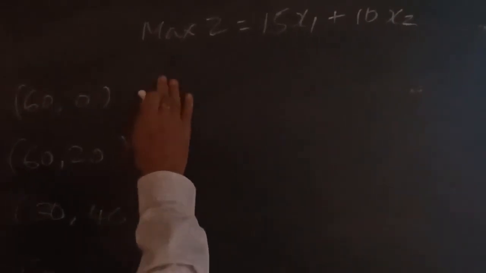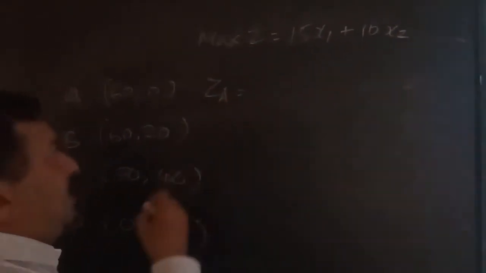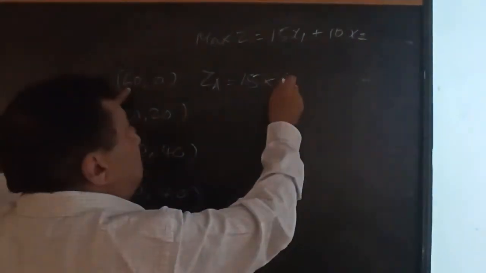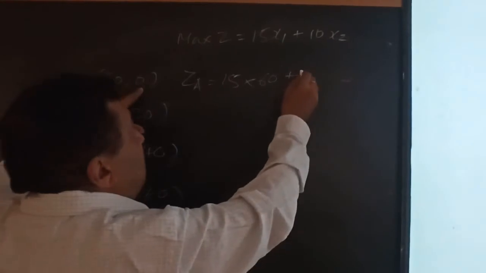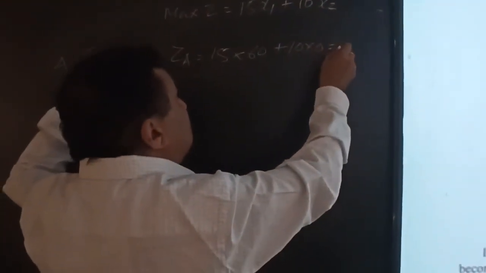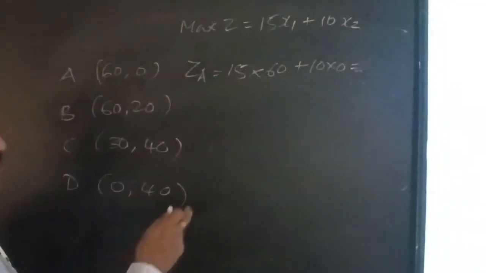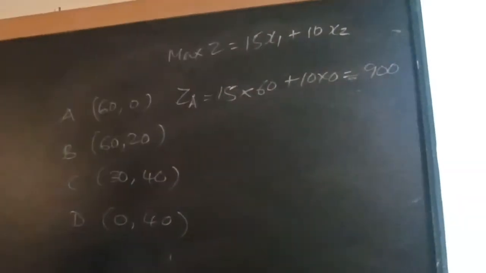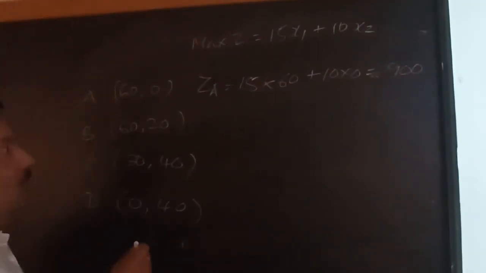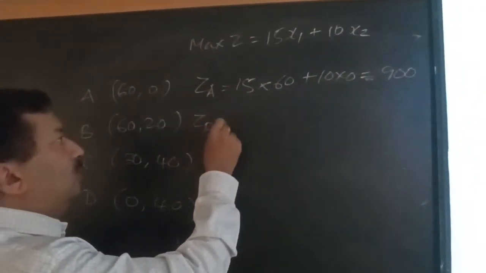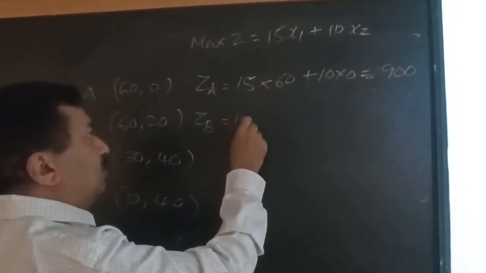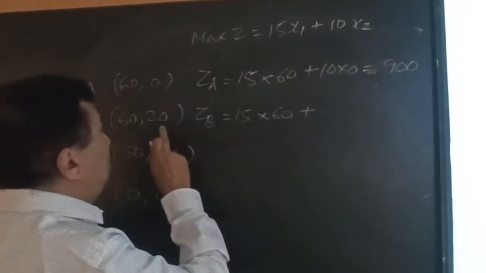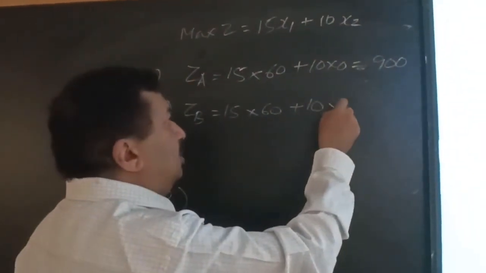Let us find out the value of z at A. 15 into x1, which is 60, plus 10 into 0. 15 times 6 is 90, so 900. Profit at A is 900. Let us look at B. 15 into x1, which is 60, plus 10 into 20.